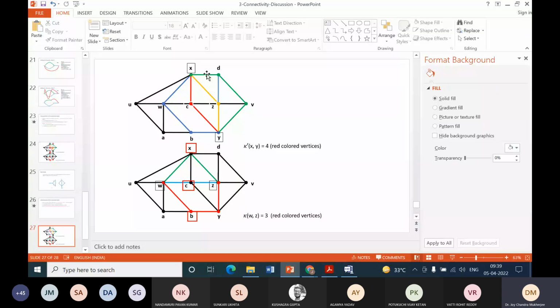I can delete these edges, say this one, this one, this one, and this one. If I delete these 4 edges, that is why I am saying lambda xy equals 4, right?